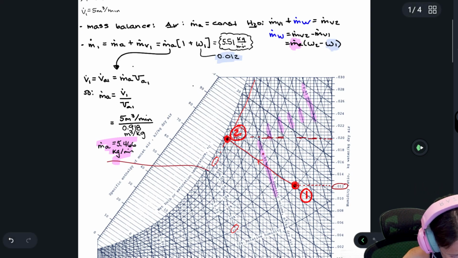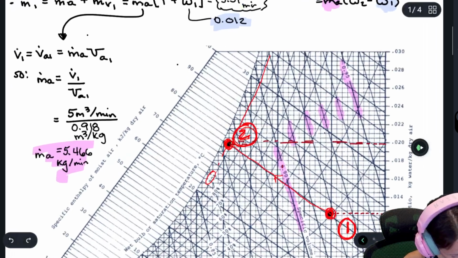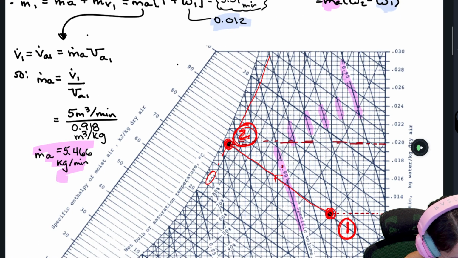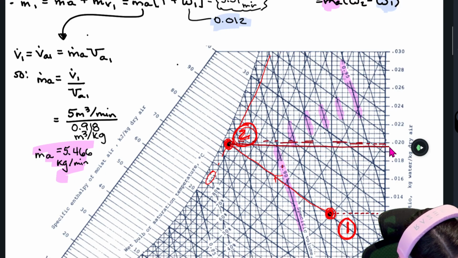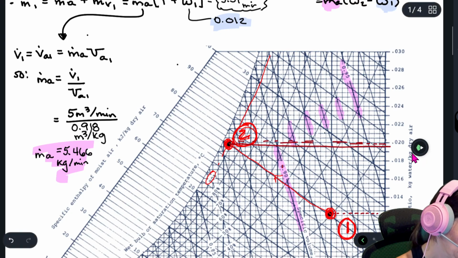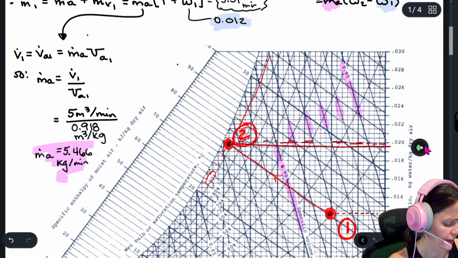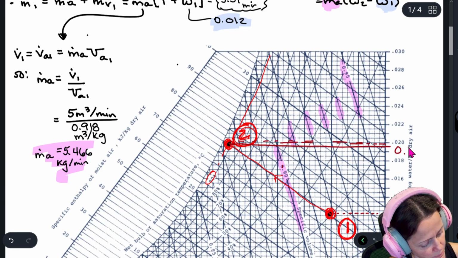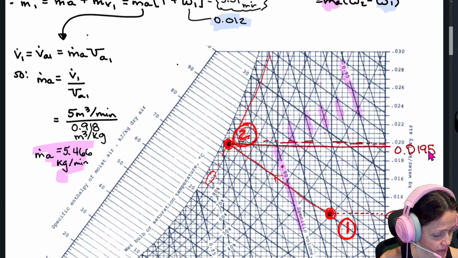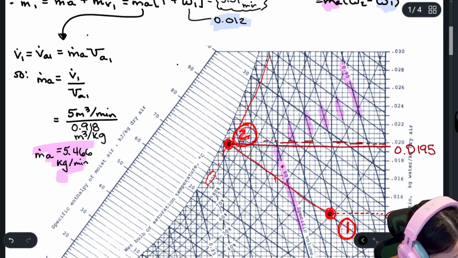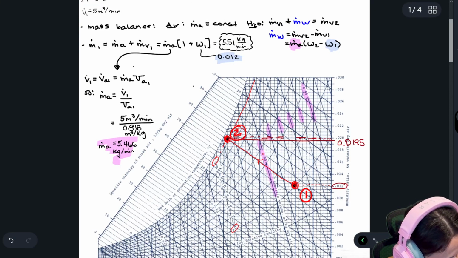Actually, I think maybe it is this one right there. It would really be like 0.0195. Let's call it that, 0.0195. Again, as long as you're in the ballpark, it's fine. So let's calculate it with the 0.0195.